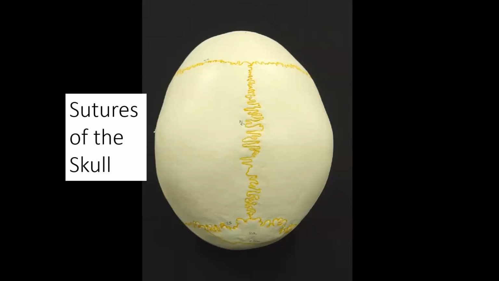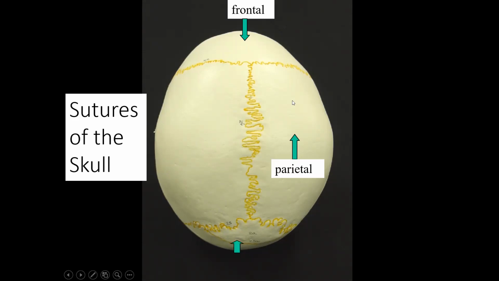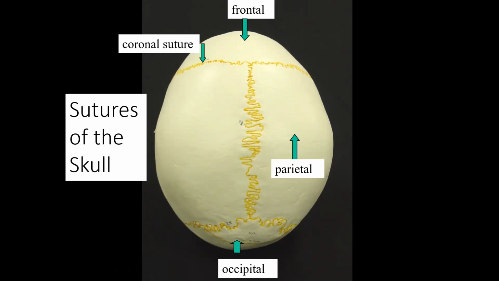Sutures of the skull. Again, even better look than that illustration did. We see the frontal bone, the two parietal bones, the occipital bone. We have the coronal suture separating the frontal bone from the two parietals. We have the sagittal suture separating the left and right parietals.